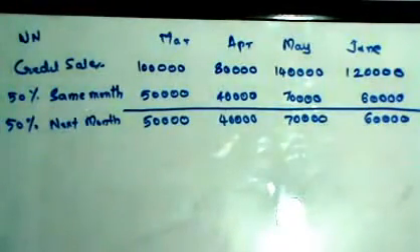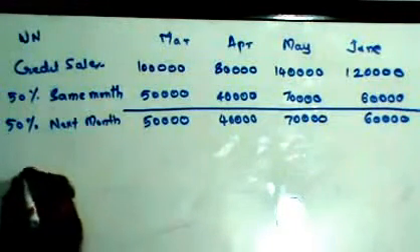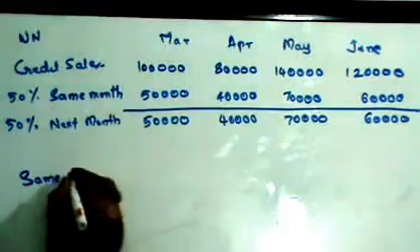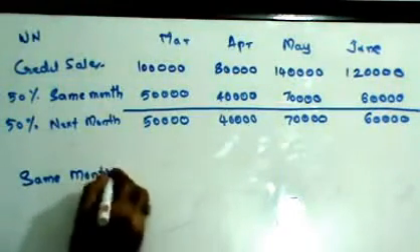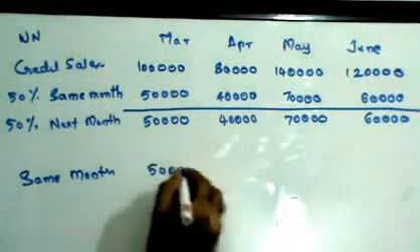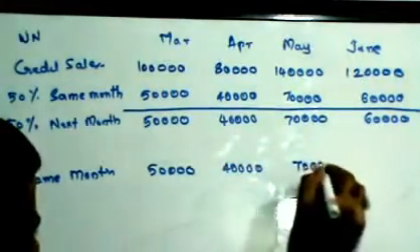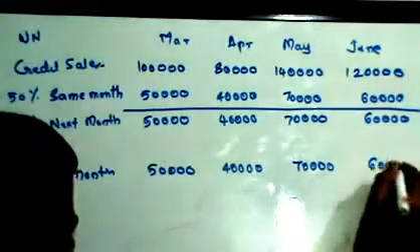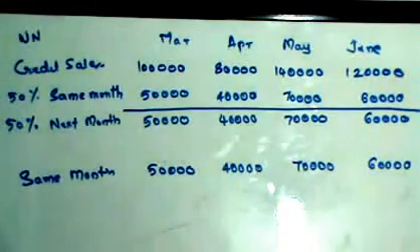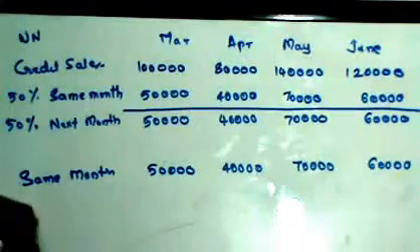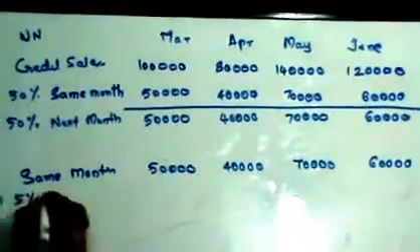Next, they have also said that collections from credit sales are subject to 5% discount if the payment is received in the month of the sale. Now, same month sales are 50,000, 40,000, 70,000 and 60,000. They are saying that if the payment is received in the same month, it is subject to 5% discount. Less 5% discount.